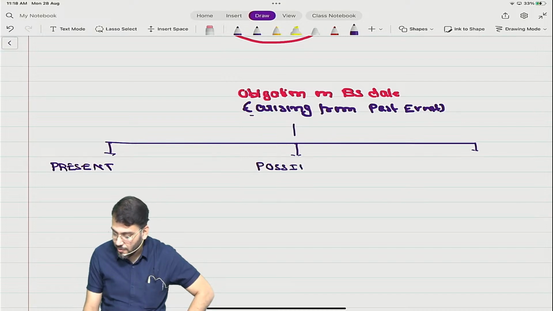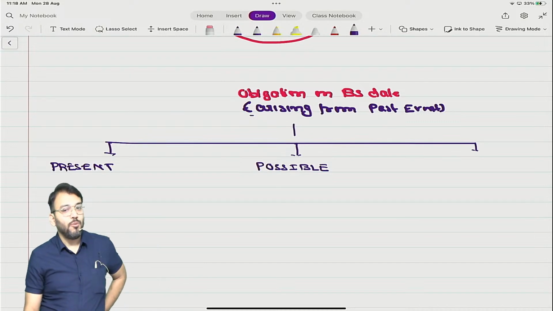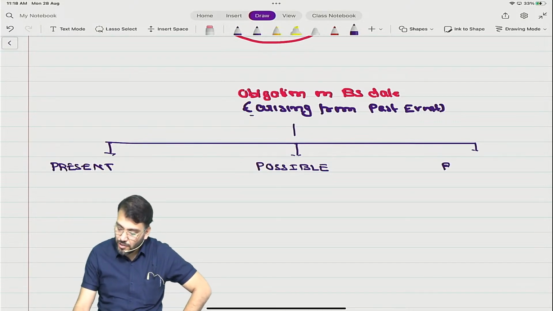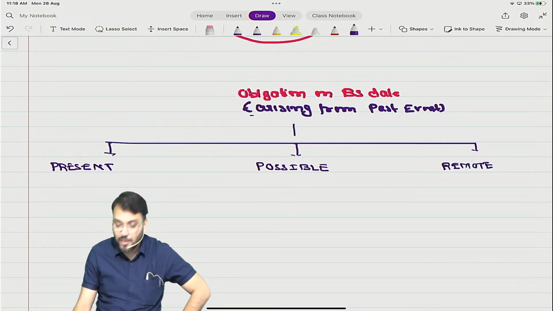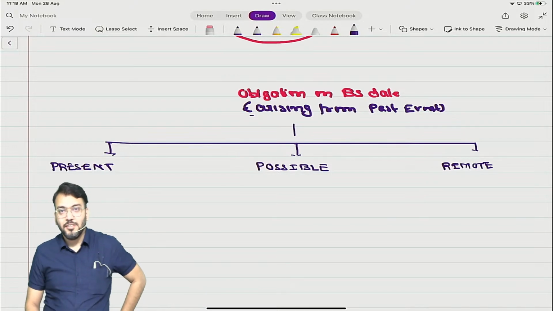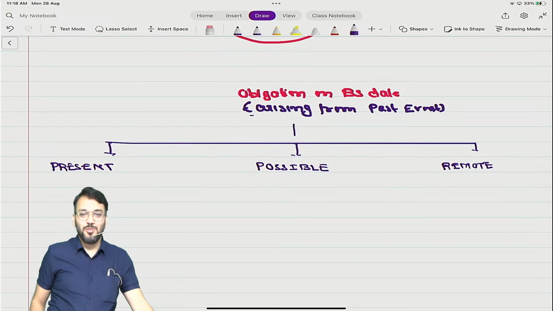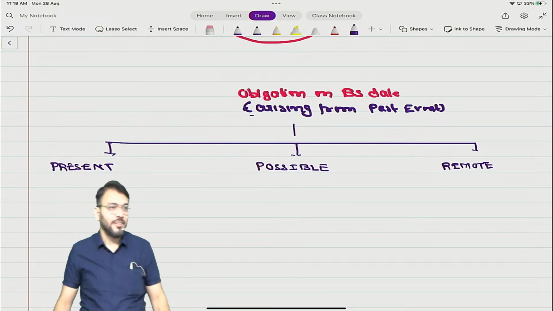Possible obligation, a new term in your life. And the third is known as remote. Not the TV remote, the AC remote. Which remote? English remote. This is remote obligation.